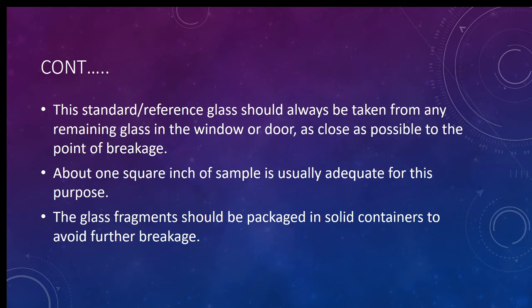What you have to do, you have to collect the fragments, the broken pieces from inside the car, and also you have to collect some glass piece from the car door where the bullet has gone through. So from the entry and exit point of that bullet, near to that point, you have to collect the glass pieces. So from the point of breakage, and also from inside the car, you have to collect the sample.